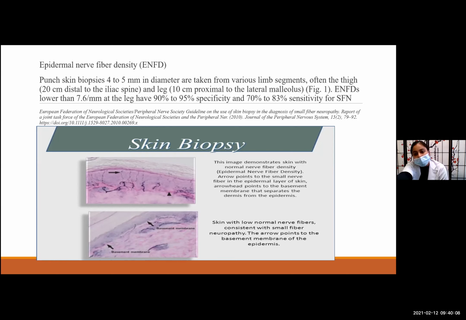So three areas, to show the difference in the density of the nerve fibers, and you can identify small fiber neuropathy. This image shows the top and bottom. The top shows a normal sample with the small nerve fibers, and the bottom shows diminished nerve fibers, if you can see. All right.